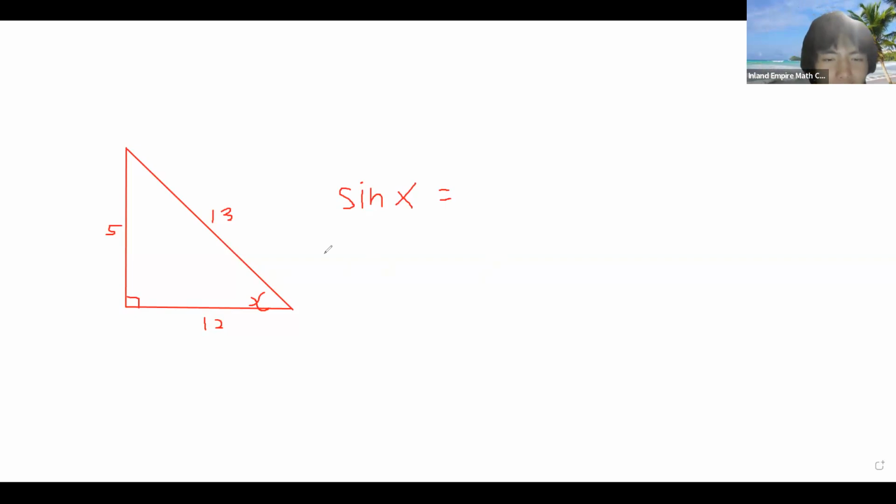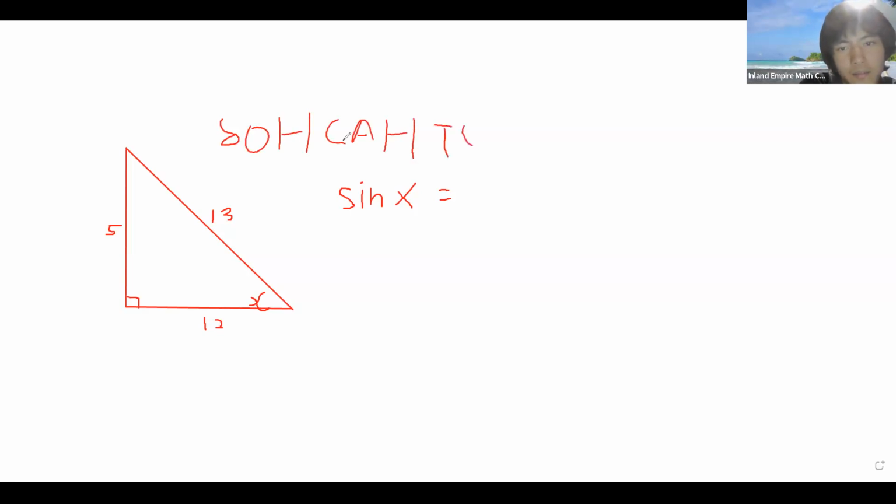Okay. So once again, brief review. Sine, cosine, and tangent is respectively SOHCAHTOA, right? Remember from last class. SOH, so sine is opposite over hypotenuse.